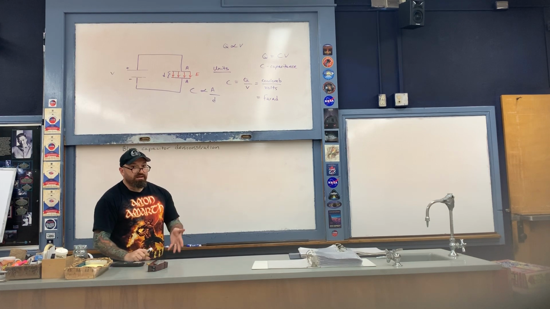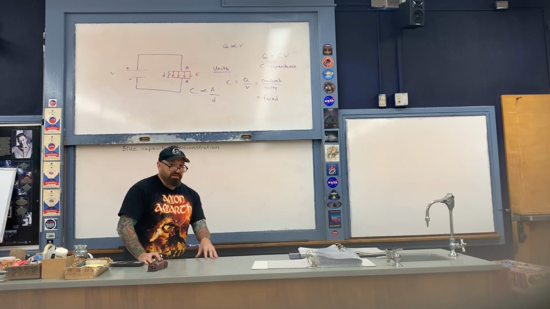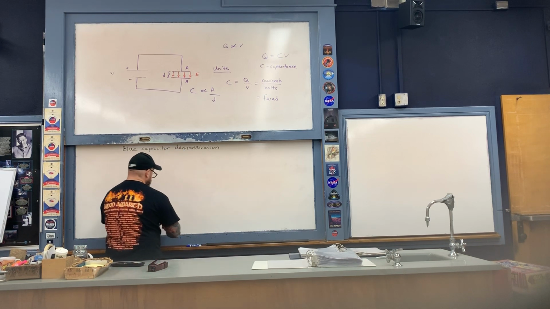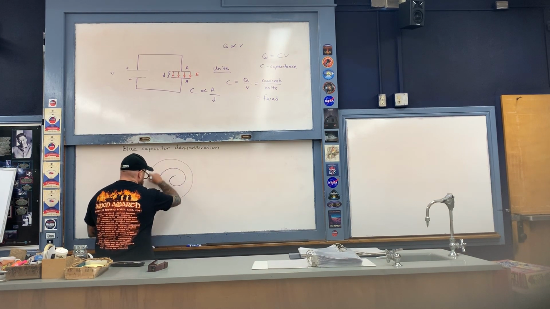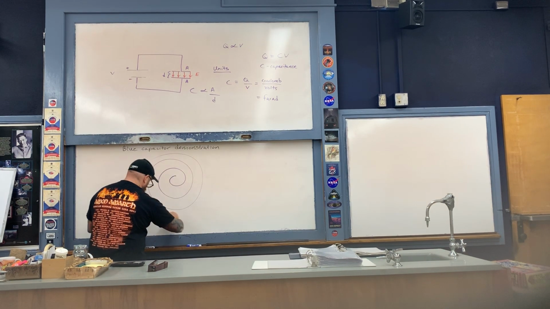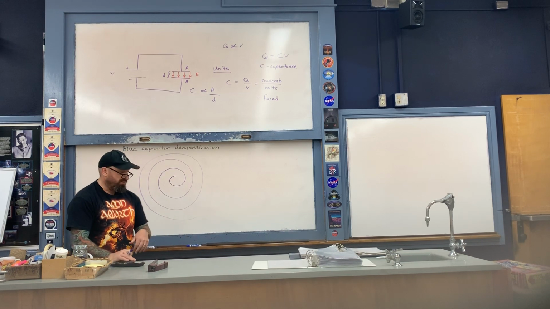Okay, you would not see the capacitor shaped like the basic symbol that we use on the diagram above. Instead, you would see it shaped in this manner. Here is one capacitor plate, a single piece of metal.